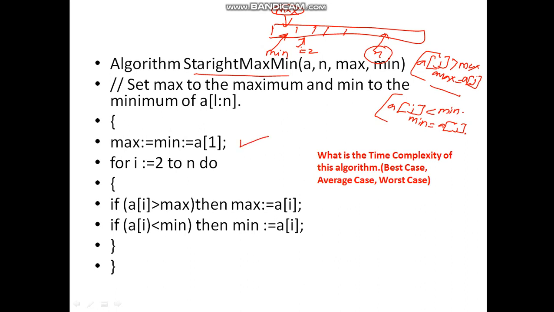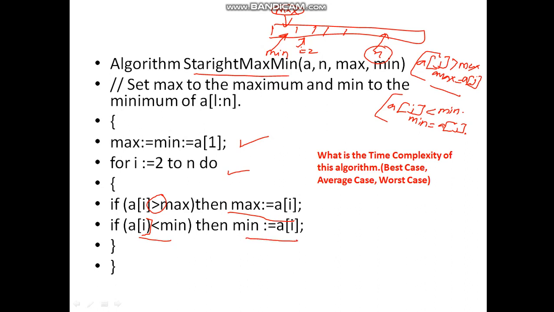So what we are doing is, max is equal to min is equal to a of 1, then for i equal to 2 to n, if a of i is greater than max, that is this code, a of j, instead of i it is j over here, then max is equal to a of i, and if a of i is less than min, in that case min is equal to a of i.